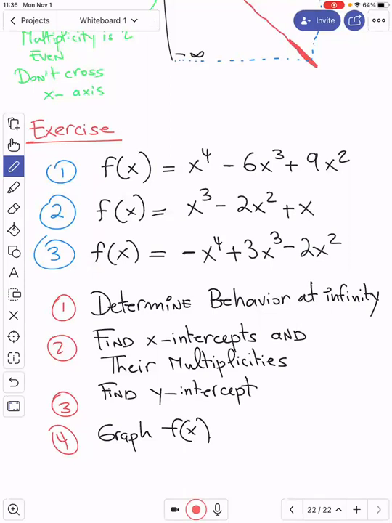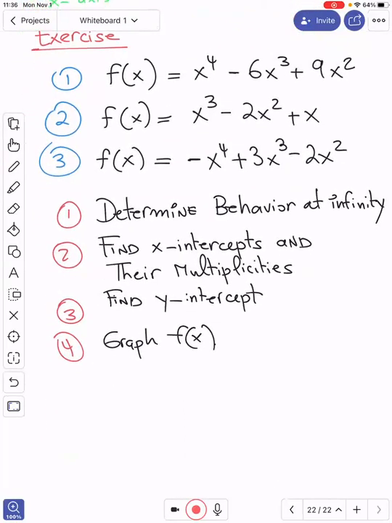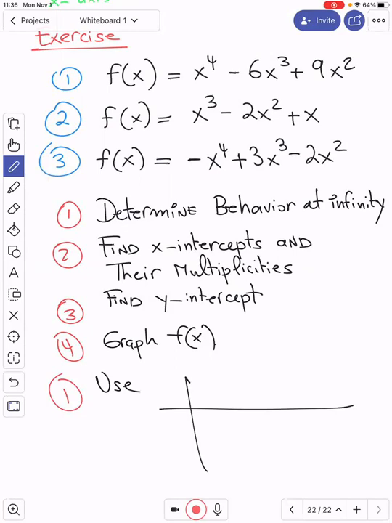So just to remind you of the behavior at infinity, guys, all you have to do is just use this table. For number 1, just use this table. Here the degree is even, here the degree is odd.